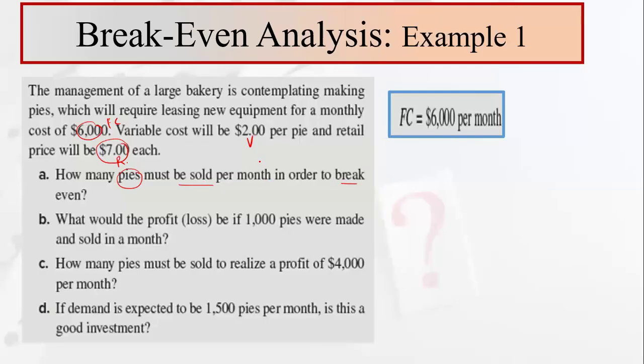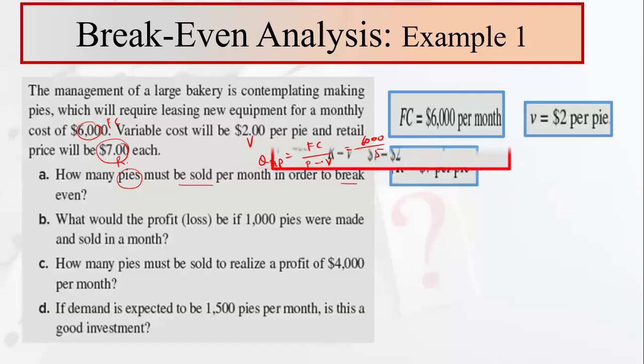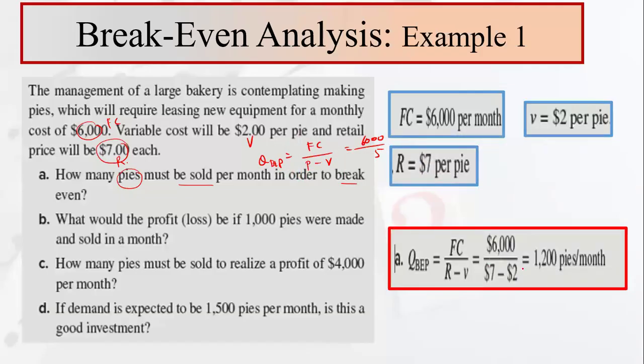So how many should you actually produce? Q break-even point equals fixed cost divided by price minus variable cost, which is 6,000 divided by 7 minus 2, so basically 1,200. So that many pies you need to produce per month to break even.